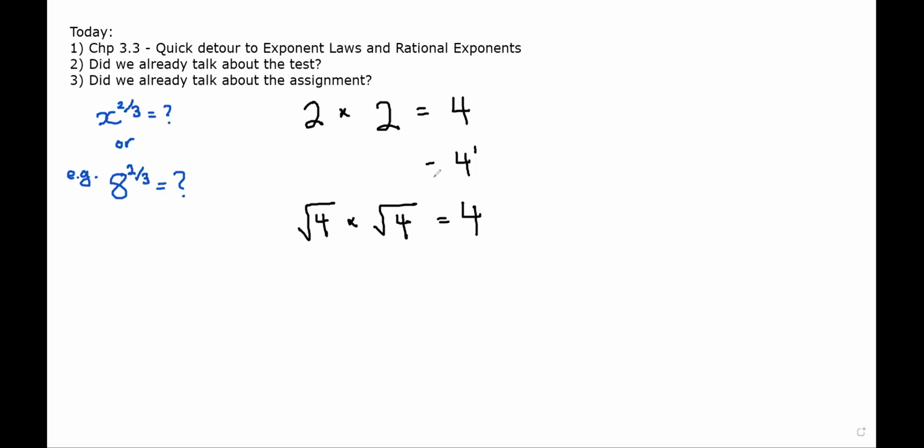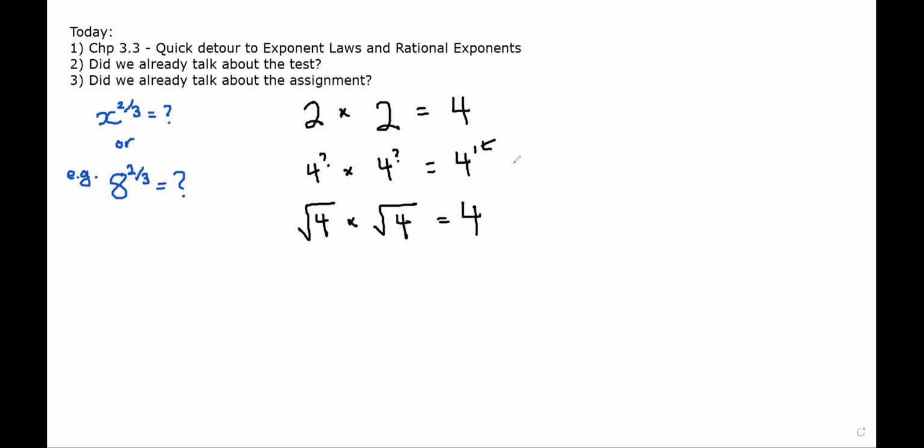Okay. That means, remember, if we follow our exponent laws, something multiplied by something of the same base must give me 4. Let me reiterate. 4 to the power of something times 4 to the power of something gives me an exponent or a power of 1.